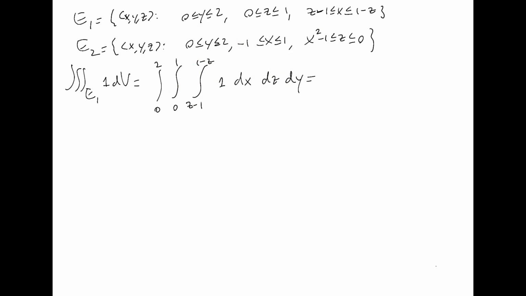Anyway, let us compute this integral. So I keep the integral from 0 to 2 and from 0 to 1, and then I get x between the bounds 1 minus z and z minus 1, dz dy. The integral from 0 to 2, the integral from 0 to 1. This is going to be 1 minus z plus 1, so that's going to be 2 minus 2z.